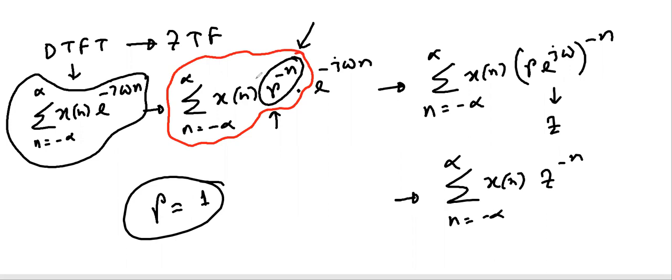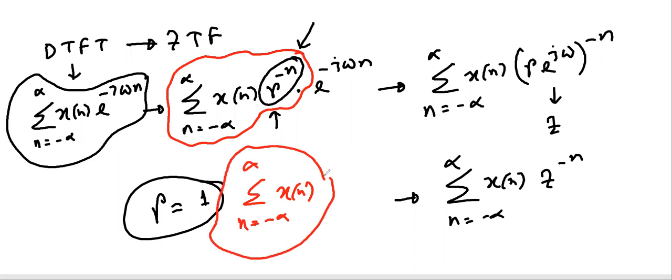That means if your signal x[n], that is the sum from n equals minus infinity to plus infinity, this term is unstable, in that case, you can't do the Fourier transform, because to do the Fourier transform, the signal should be summable.